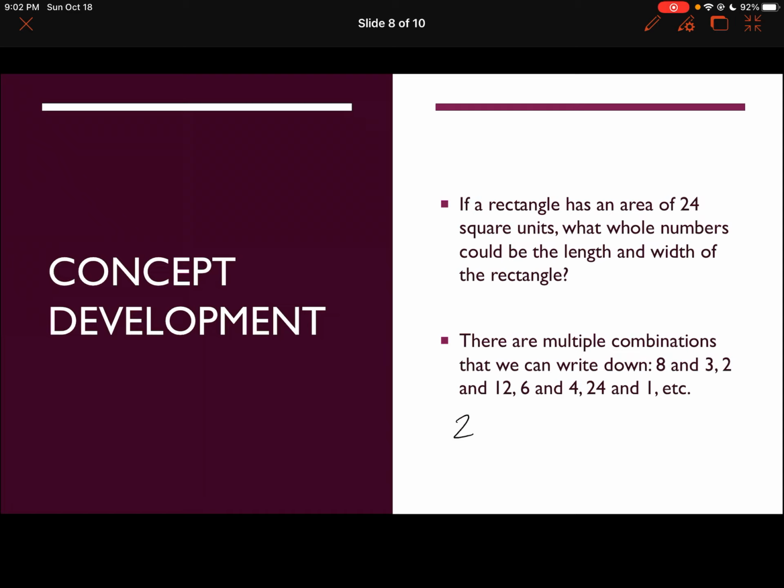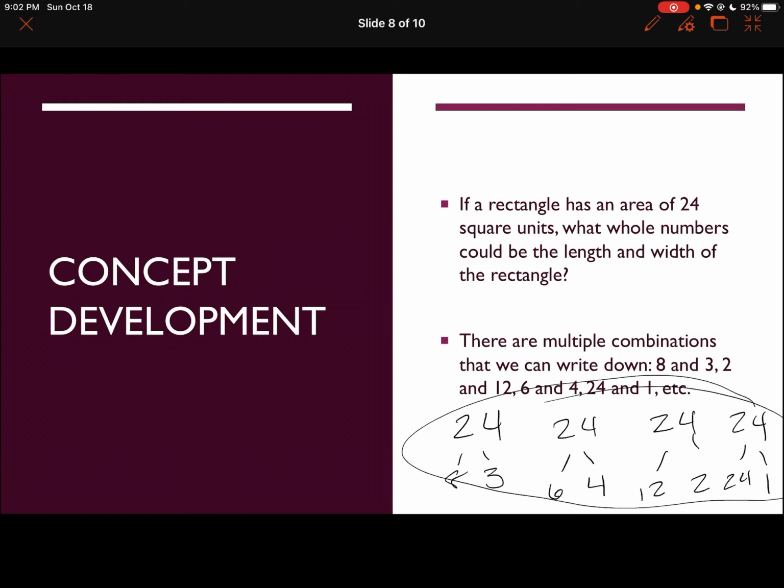So a pair of factors for 24 could be 8 and 3. It could be 6 and 4. It could be 12 and 2, and it could be 24 and 1. And this is generally how you would see factors represented.